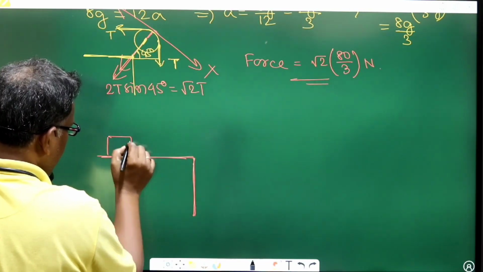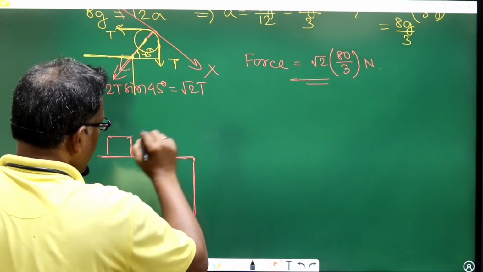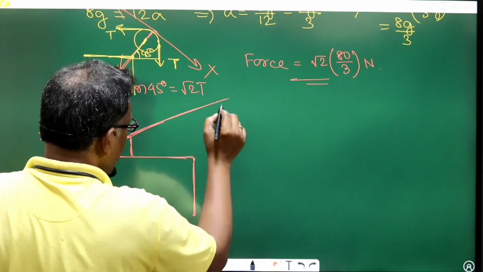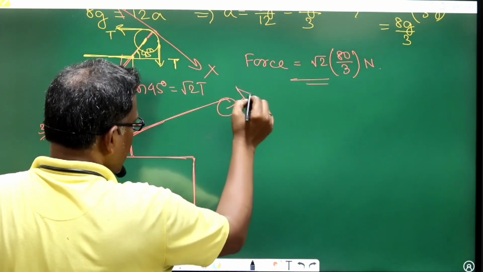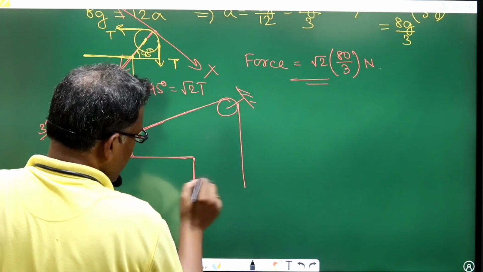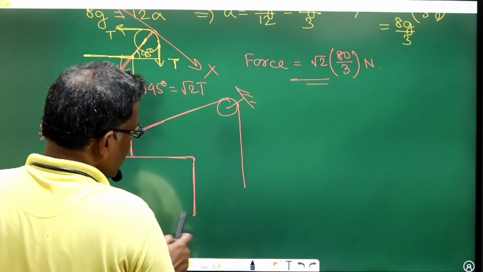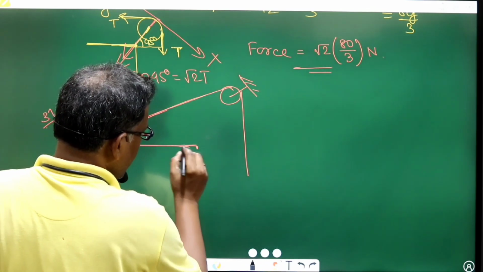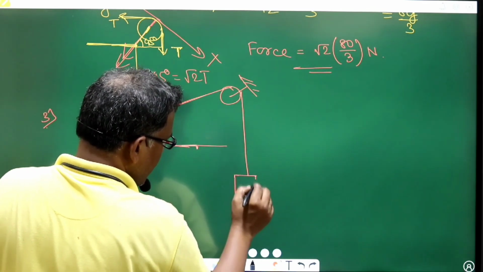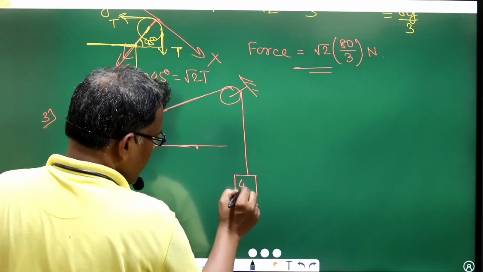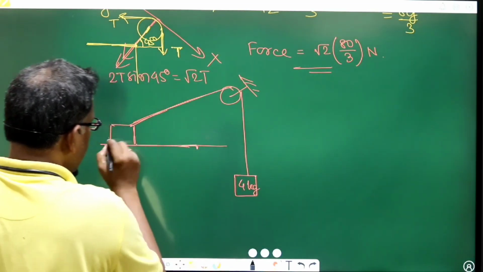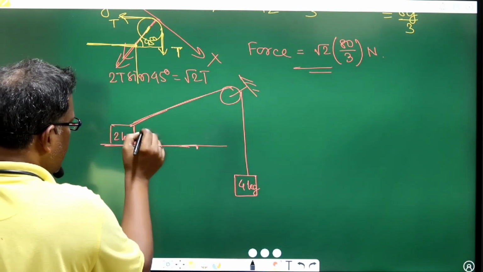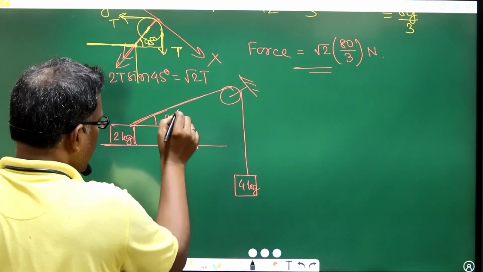So let this be the one block connected with the pulley, going this way, this is connected this way, and one block is, suppose, this is a very common relation, it is going this way. So let this be a 4 kg mass, and this, suppose, a 2 kg mass, given an angle of 30 degrees, right?